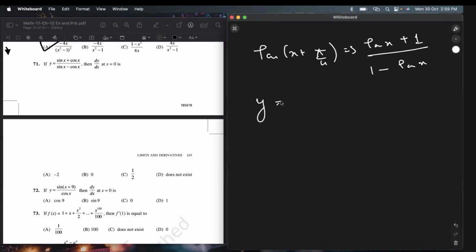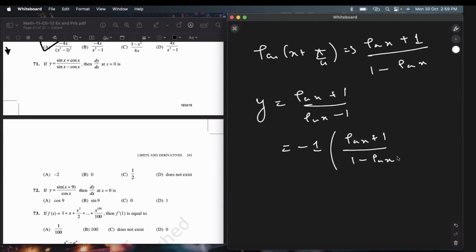In the question, I have y equal to tan x plus 1 over tan x minus 1. So if I just take a minus sign out, minus 1 multiplied with tan x plus 1 over 1 minus tan x. See the resemblance? So what can I write this as? I can write this as minus of tan of x plus pi by 4.